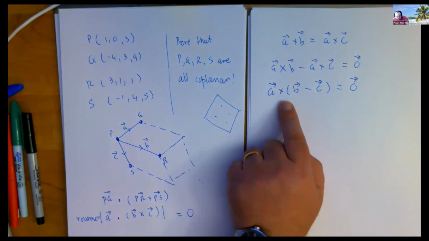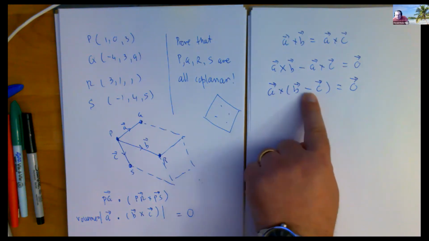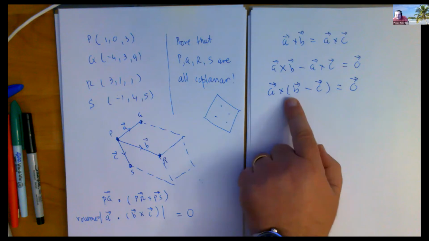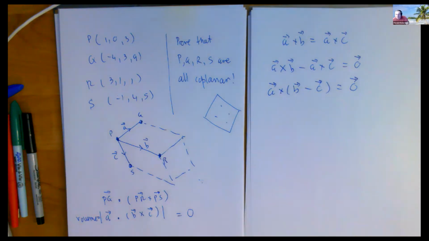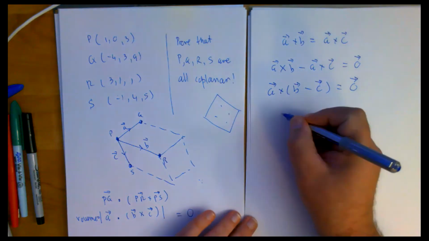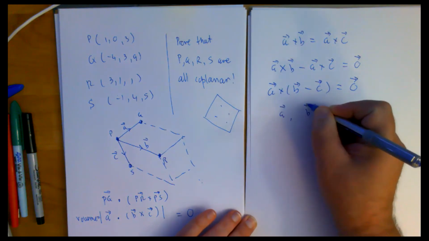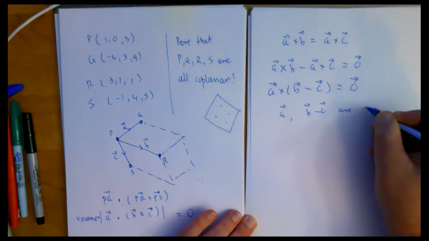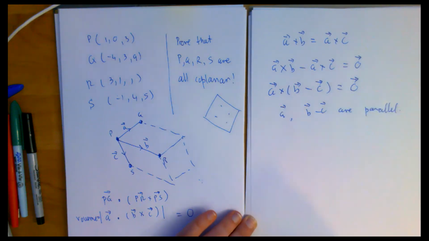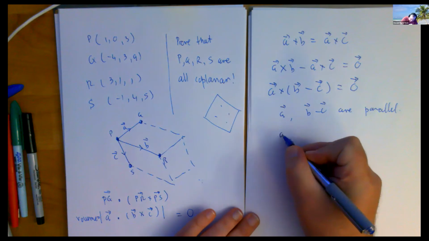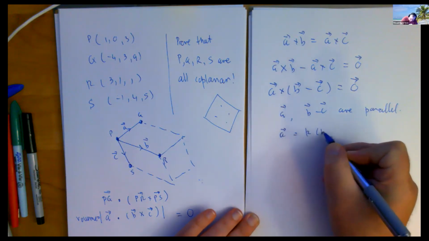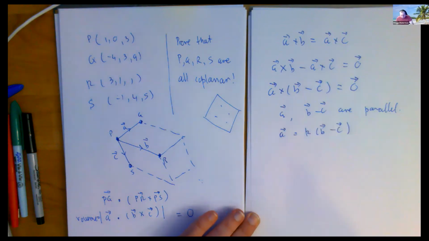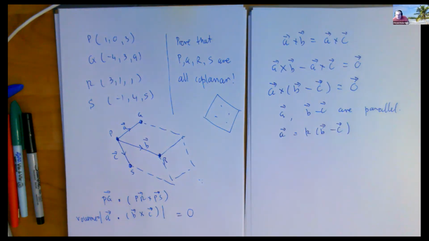So far, so good. Now, what do you know if two things have a cross product of 0? What do you know about A and the vector B take away C? When their cross product is 0, you know something about the two vectors. Starts with a P. They're parallel. Yeah. Which means that the vector A is some multiple of B take away C. So far, so good.